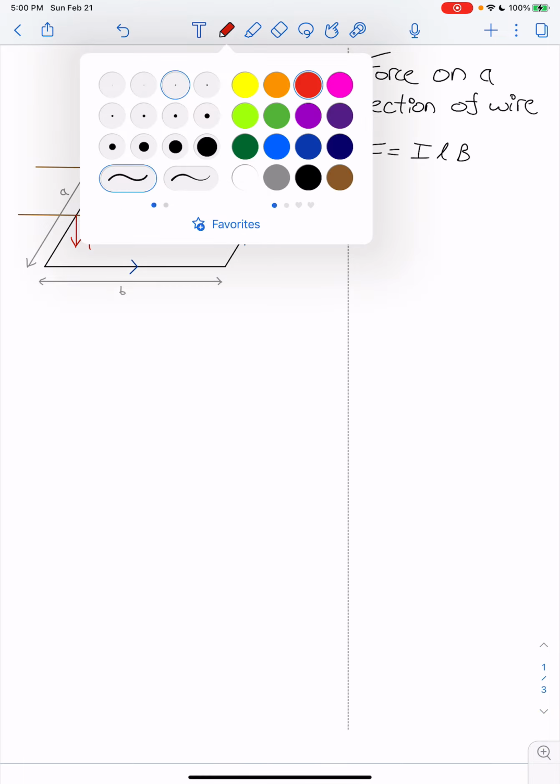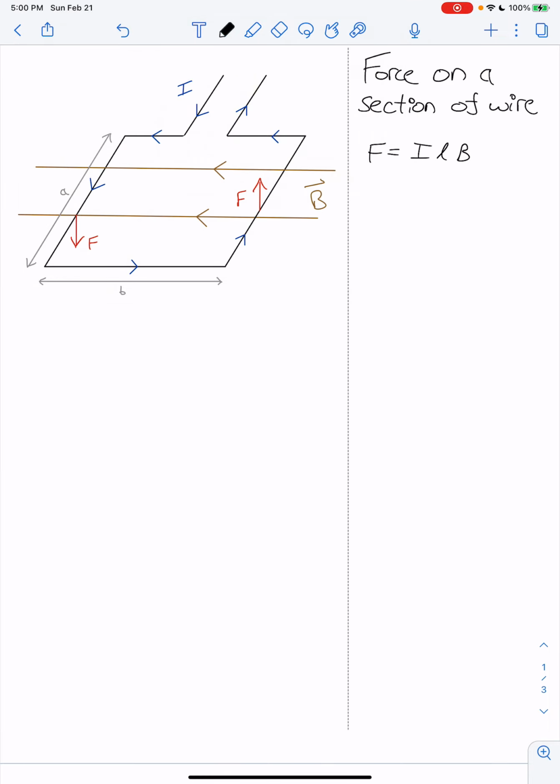We know from our discussion before that the force on a section of wire in a magnetic field is F equals ILB, where I is the current, B is the magnetic field, and L is the length of the wire. So in our specific example, the force is I, A, B.